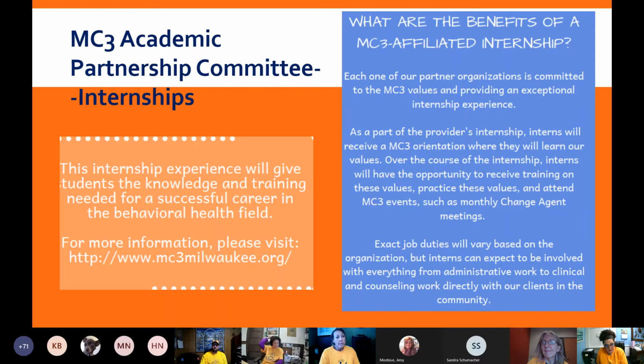Basically, we want to have our internships across all the MC3 agencies that provide internships have an MC3 focus, helping the interns learn the values right away, and not just book learning, but what this means. We've created a shadowing tool to help people watch for these values: is this person being person-centered, stage matched, etc.? Utilizing those, and attending the change agent meetings, etc.